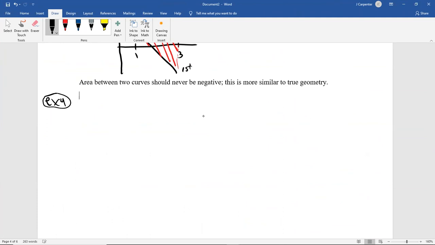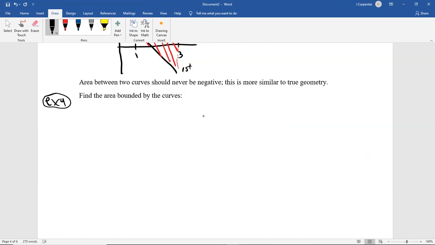I'm gonna start this out with an example without setting it up. I'm not gonna tell you ahead of time what to do, we're gonna have to figure it out. Find the area bounded by the curves. Now, I usually write this as a y and a y, but I'm going to switch it to f and g.